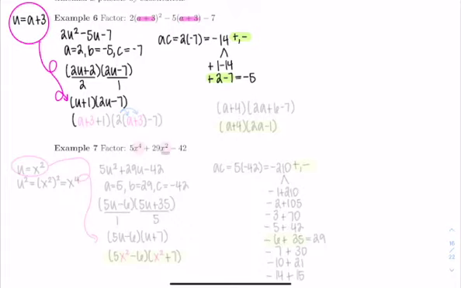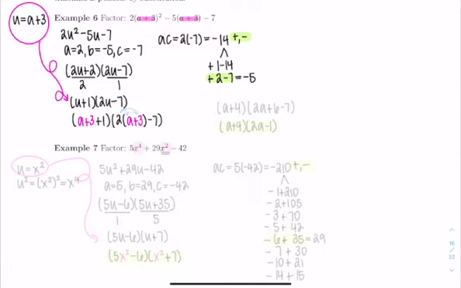So we end up getting a plus 3 plus 1 and 2 times a plus 3 minus 7. And we just want to simplify this.